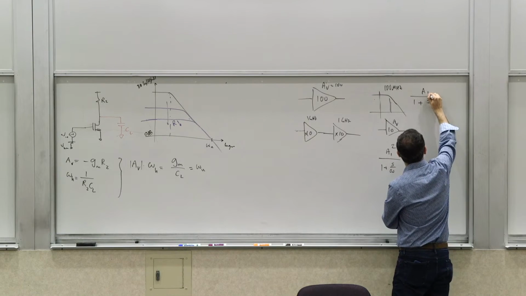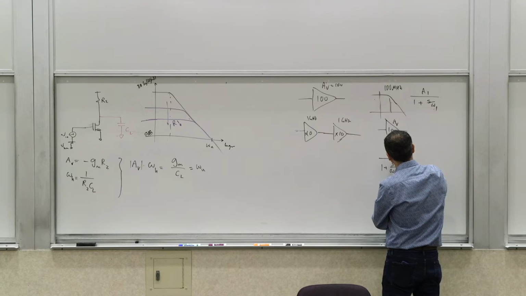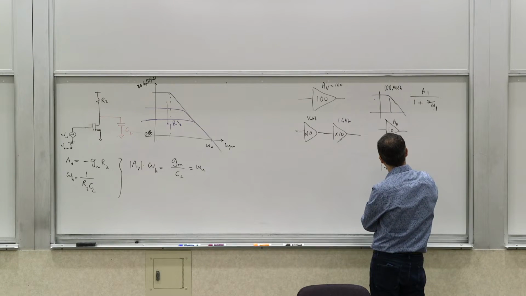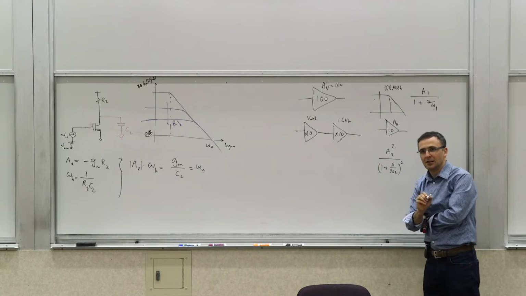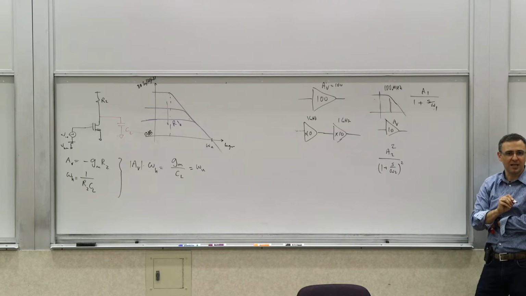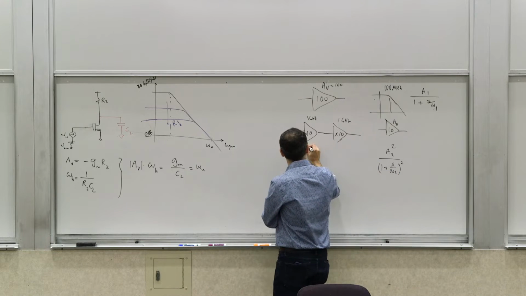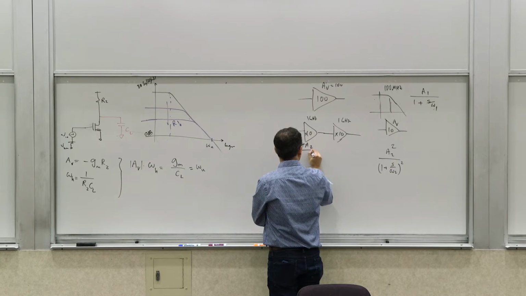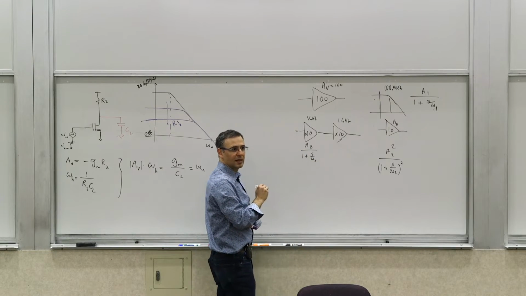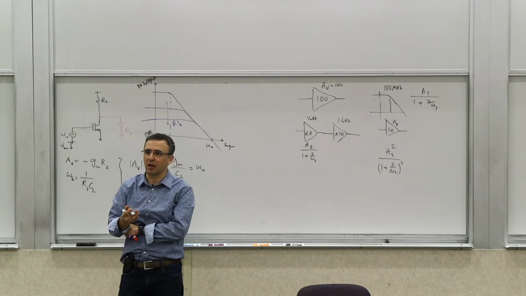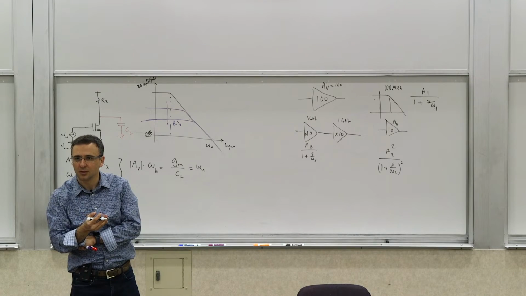Let's call this 1, A1, and make these 2's: A2 over 1 plus s over omega 2, squared. Because I have the transfer function multiplied by itself, since it goes through itself twice. Each one of them has a first order transfer function of s over omega 2, and you have them cascaded, so the two transfer functions get multiplied.